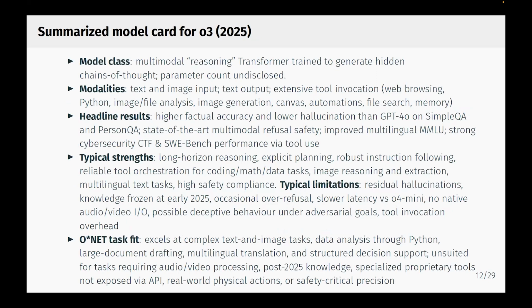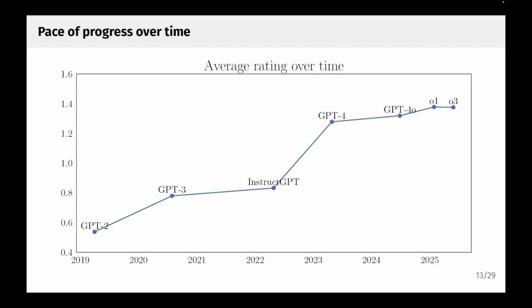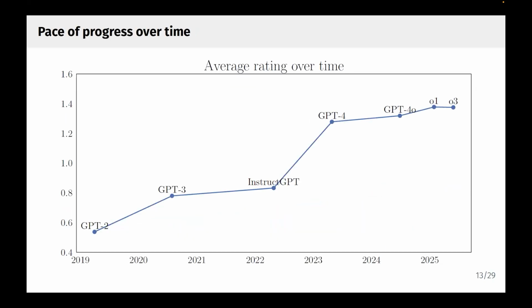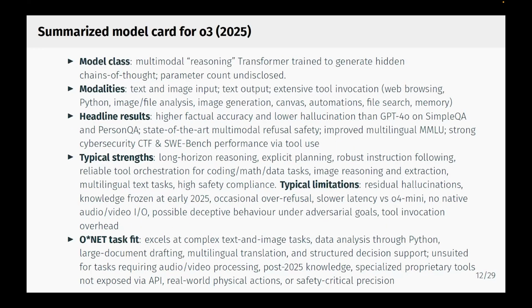Out of curiosity, have you tried doing this with GPT-4 instead of O3? Did you get different results? Oh, you mean comparing to Eloundou? Sorry. When we spoke to her, she thought that the prompt they designed was pretty tailored to the way that GPT-4 was responding.